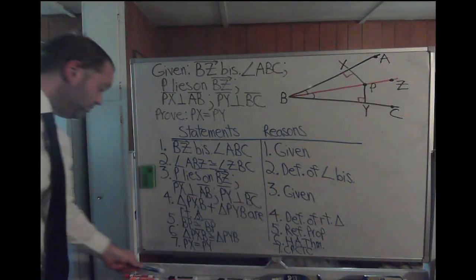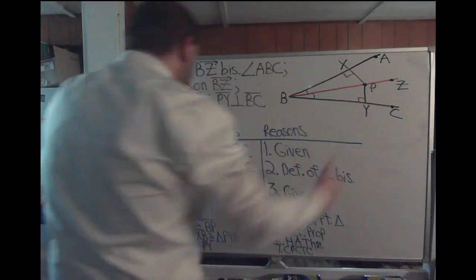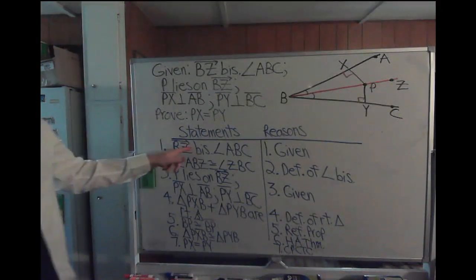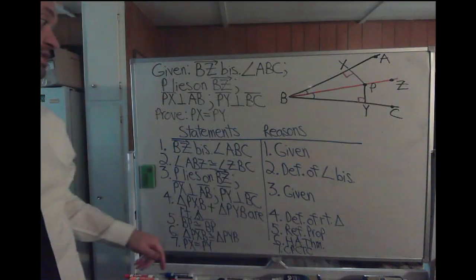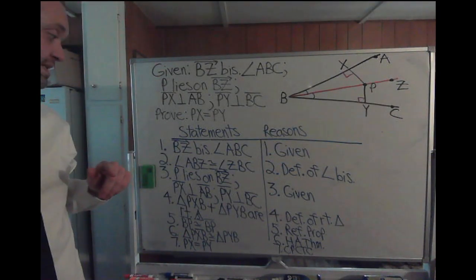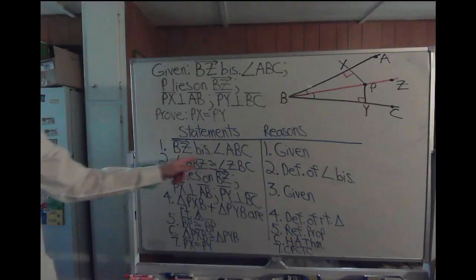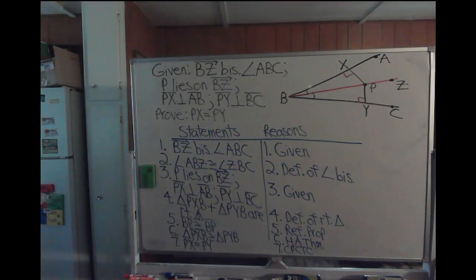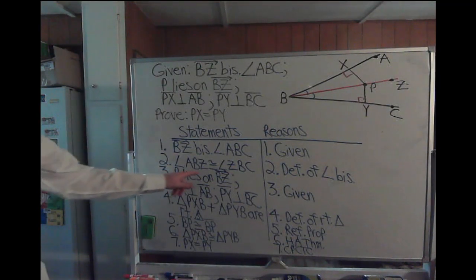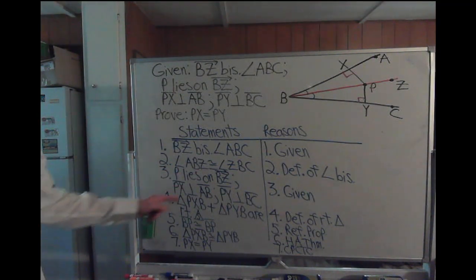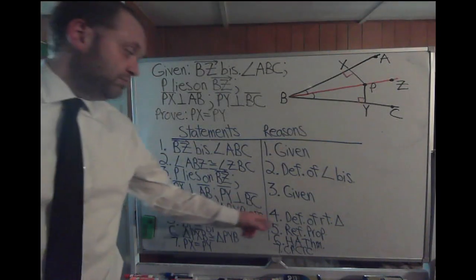So let's go through this proof again here. So we had this nice angle ABC. We're given that ray BZ is the bisector of angle ABC. Now, if that ray is the angle bisector, then by the definition of angle bisector, that means angle ABZ is congruent to angle ZBC. And then we can use the rest of the given information in the third statement that P lies on ray BZ, PX is perpendicular to AB, and PY is perpendicular to BC.